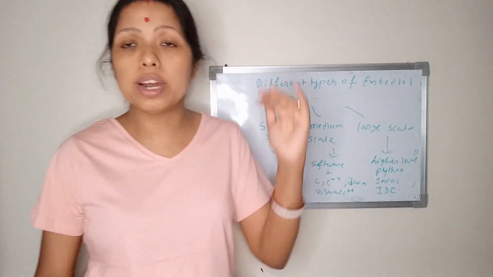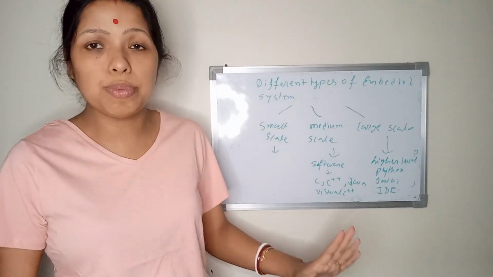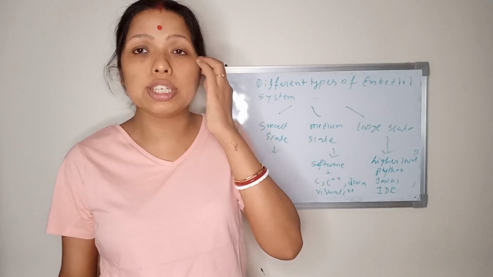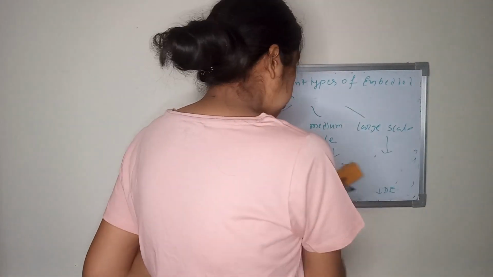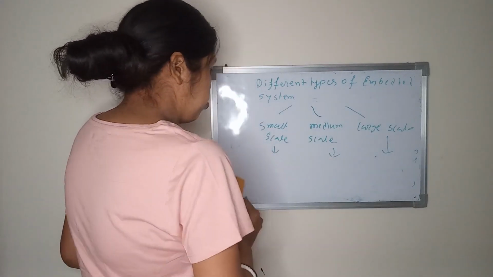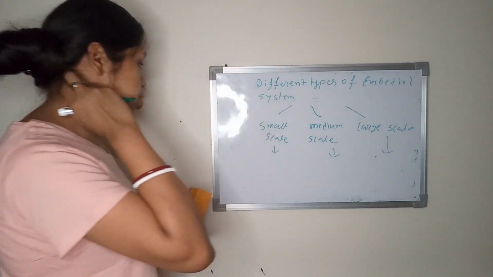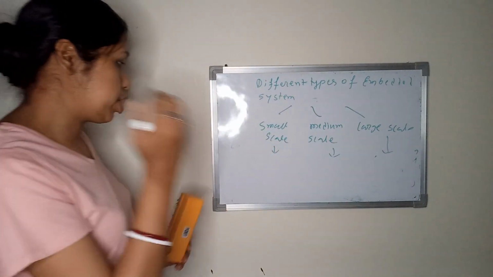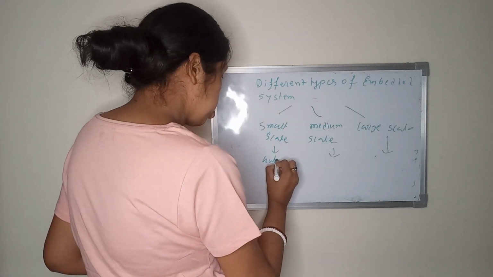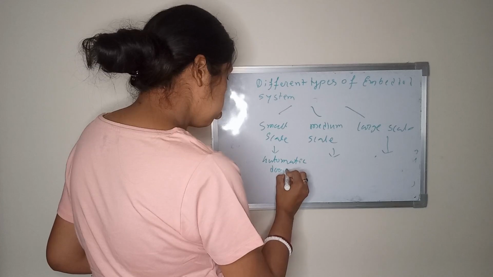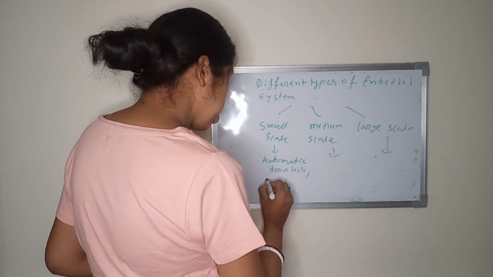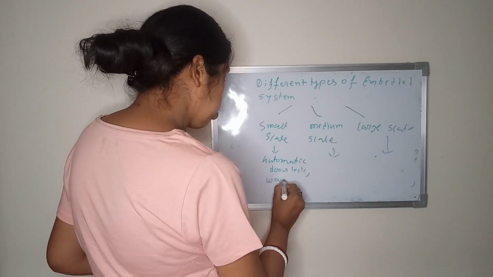Now come to the examples of these three systems. I have already told what the main features of these three systems are. The main examples: for small scale, with a specific task, an automatic door lock and a washing machine.